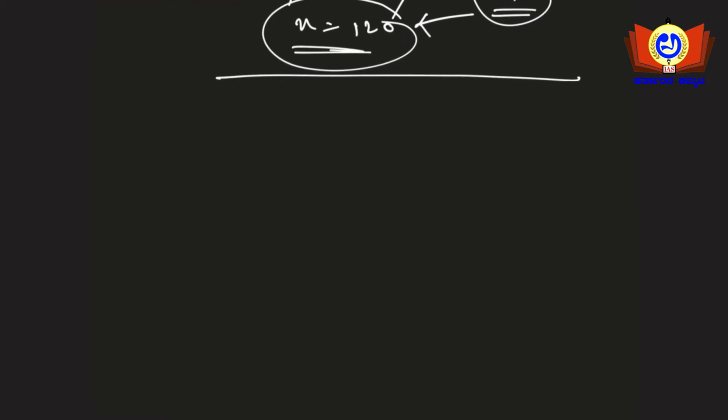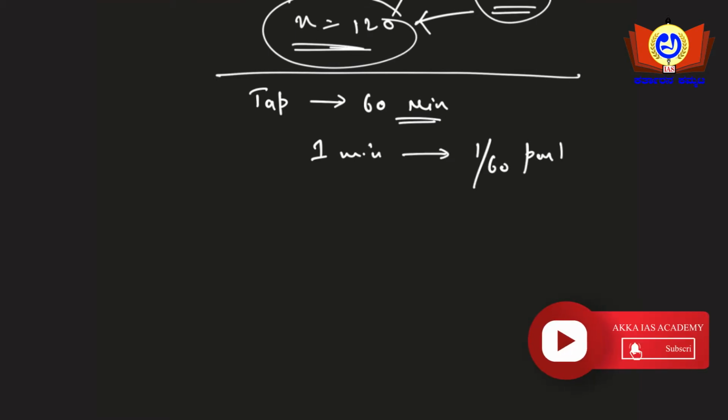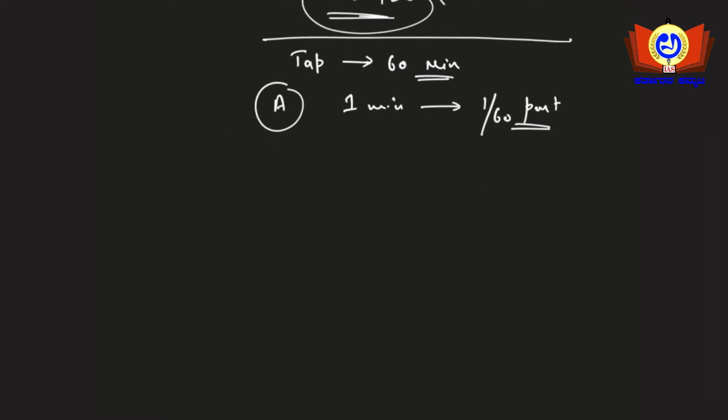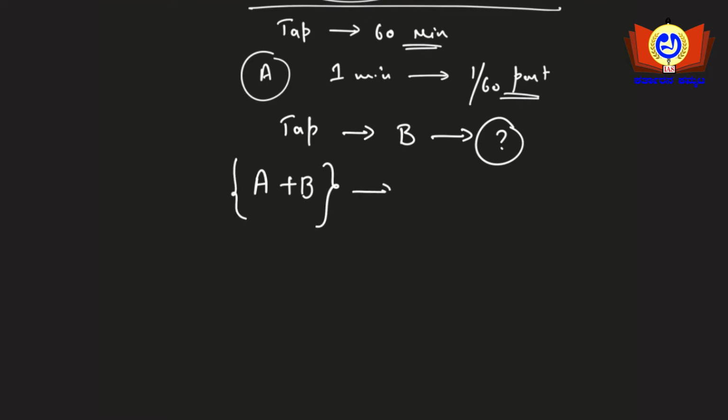See, observe here. Tap A takes 60 minutes. So in 1 minute, 1 by 60 part of the tank will be filled by tap A alone, right? They have asked to find out the time for tap B. Also they have given that when A plus B are both open, it takes 40 minutes.